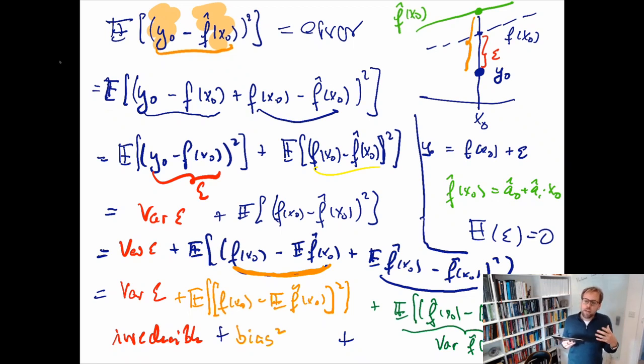Now this variation might be difficult to understand, but it's the variation with respect to the true distribution. In practice we never know the true distribution, but if you could simulate from data like we do in the exercise, you would obtain this expression using Monte Carlo simulation.